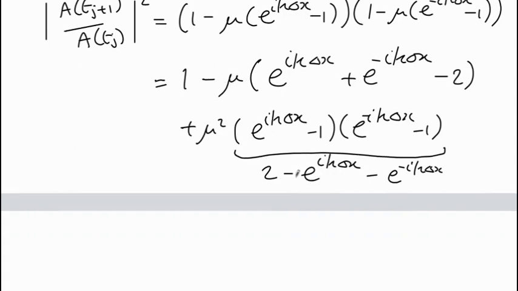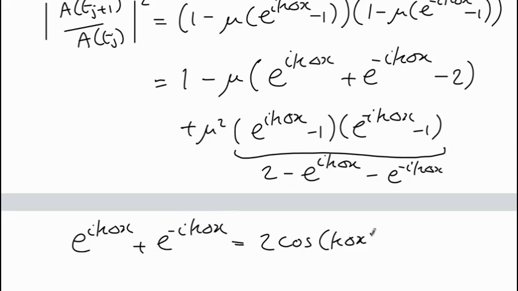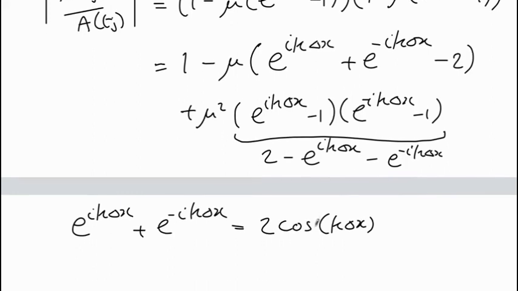So we can simplify these terms here. We have an e to the ik delta x and an e to the minus ik delta x, and we can use that e to the ik delta x plus e to the minus ik delta x is 2 cos k delta x. And so this term just becomes minus 2 cos k delta x.